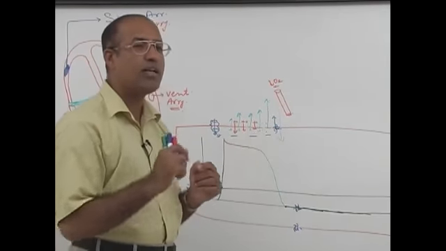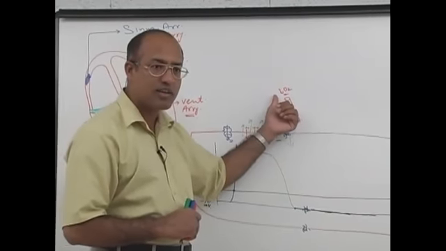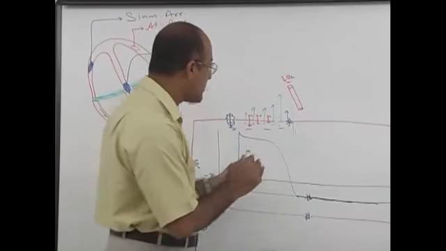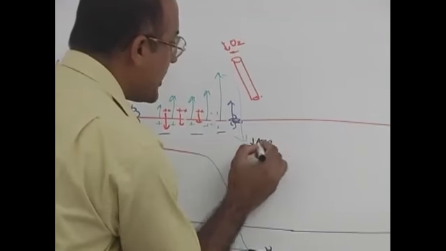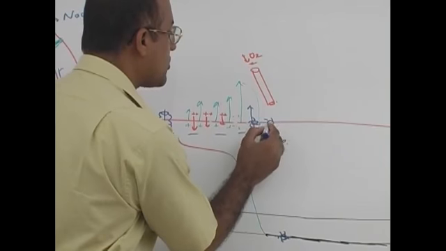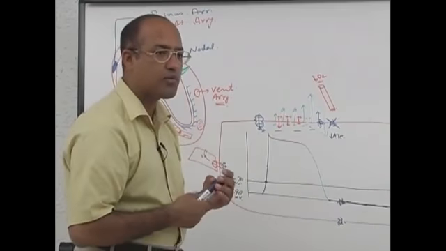No. So what really happens is that when there is ischemia or hypoxia, oxygen supply is less, ATP level is less. So low ATP will lead to reduced function of what pump? Sodium potassium ATPase.